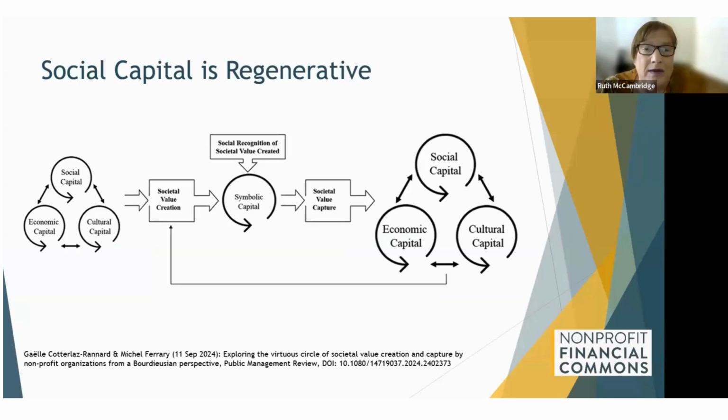Before we get started, I want to say that we came at this topic in a very organic way. When we first started the Nonprofit Financial Commons, it was during the pandemic.